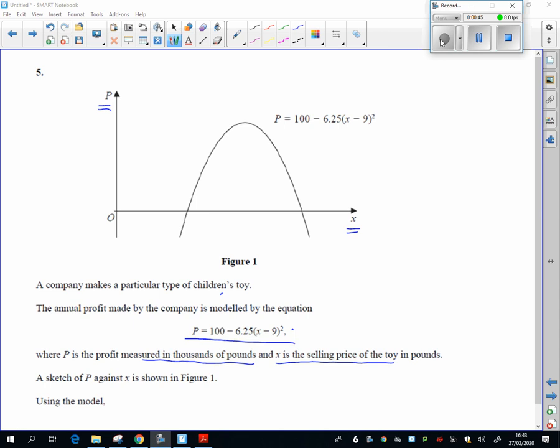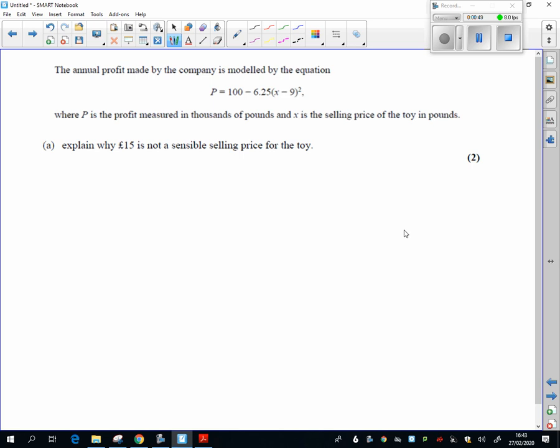So what are we asked to do? First thing is explain why £15 is not a sensible selling price for the toy. Now you need to be careful with questions like that. You have to show your working. So let's see what happens when the selling price is £15. If I substitute, there's absolutely no reason to expand the brackets out to do this.